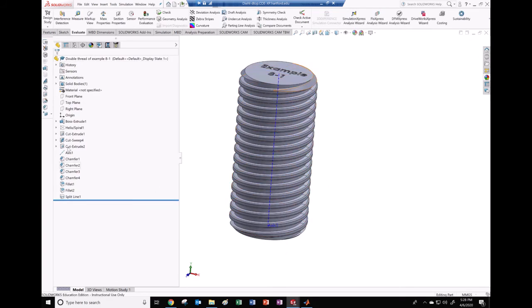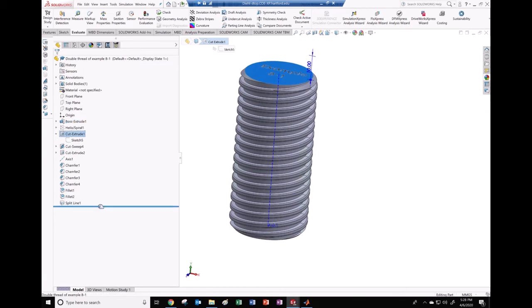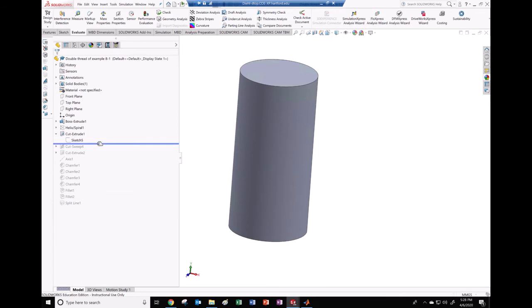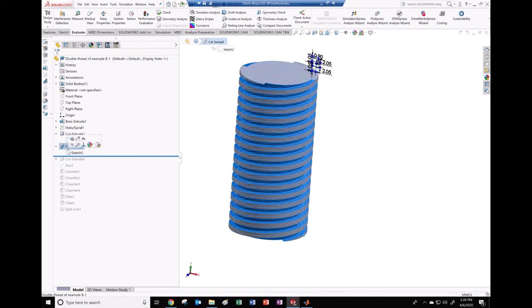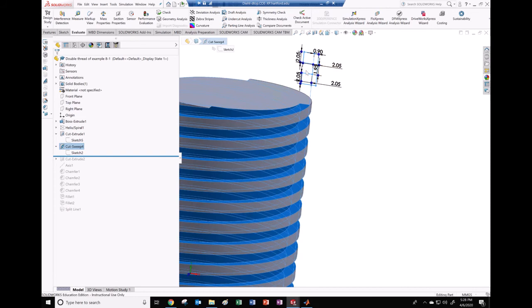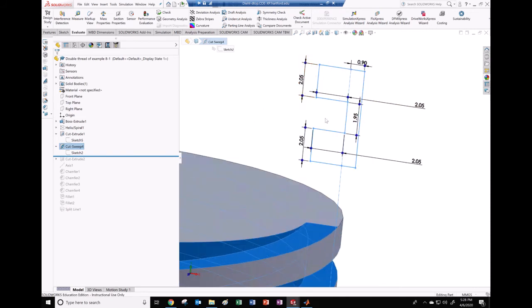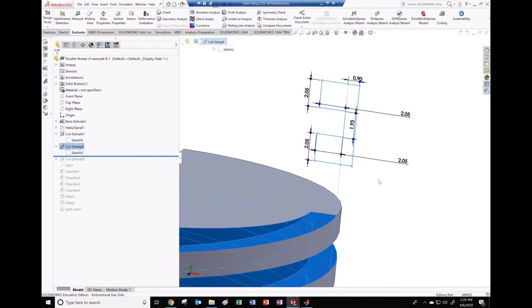And the way that you would be able to tell is, let's roll this thing back till we get down there. Okay, and then we do this swept cut. And we take a look and see what is the sketch that was used to make this cut. And you'll see that they're actually two rectangles, right?